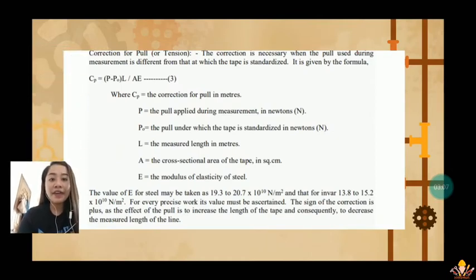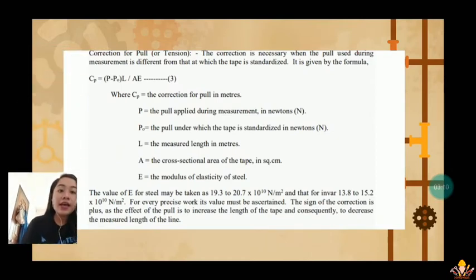So we also have here the correction for pull or tension. The correction is necessary when the pull used during measurement is different from that at which the tape is standardized. It is given by the formula C sub P is equal to P minus P sub O multiplied by L over AE, wherein C sub P is the correction for pull in meters, P is the pull applied during measurements in newtons, P sub O is the pull under which the tape is standardized, and the unit is newtons.